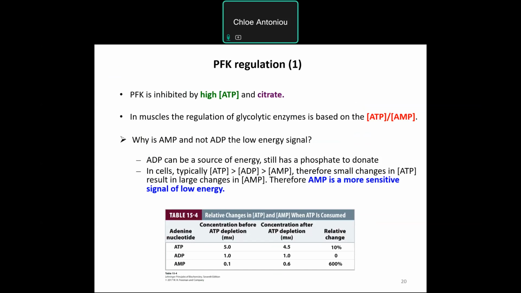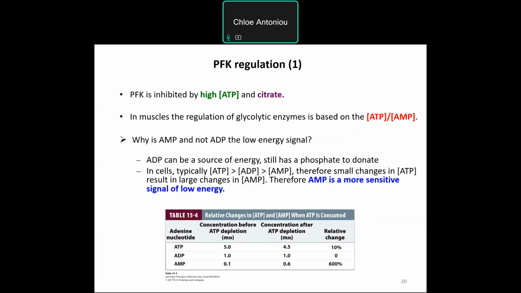So what I'm trying to say with this table is that the most sensitive signal for the cell's energy status is not the ATP concentration, but rather the ATP to AMP ratio. See what I'm saying? Because a small change in AMP is relatively large, right?